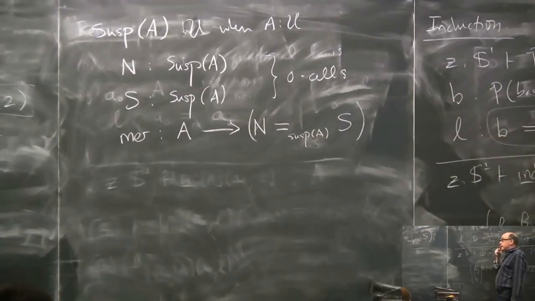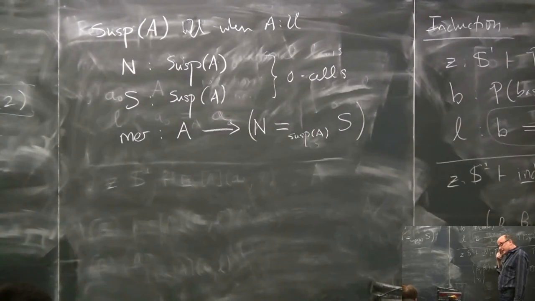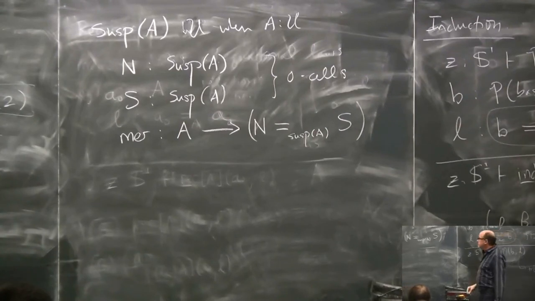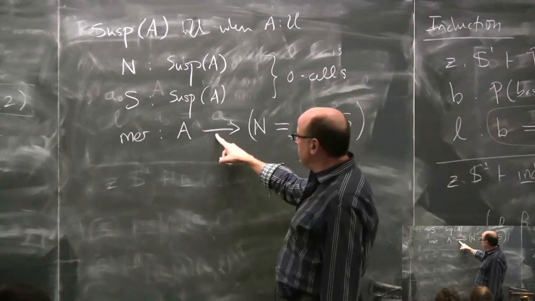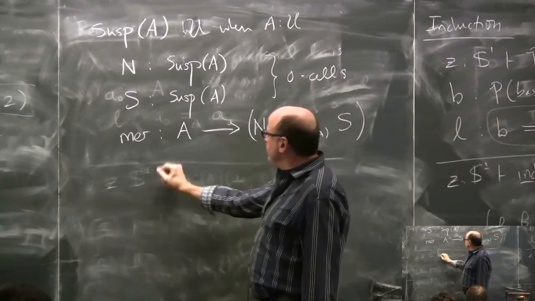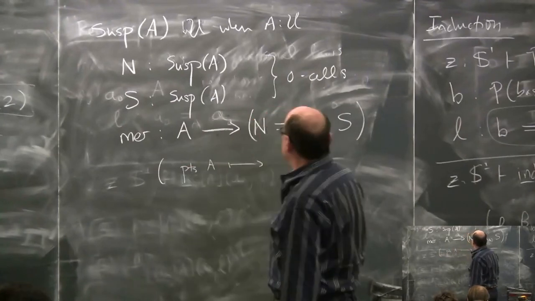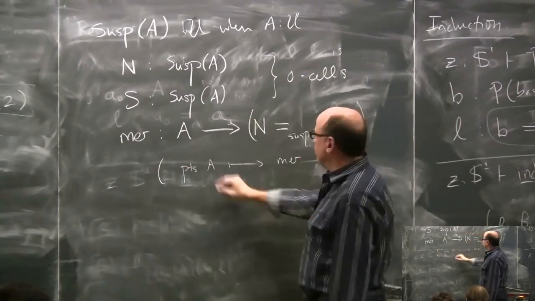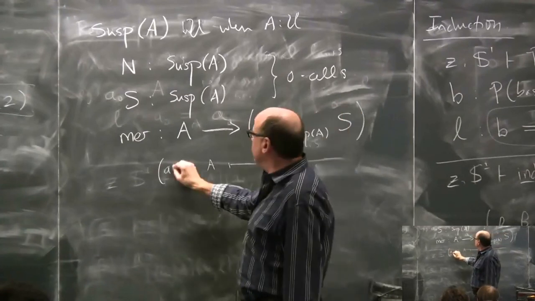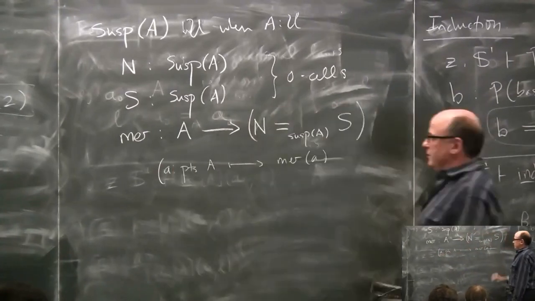So that is going to be my definition, but my pronunciation of it, you have to be very careful, because this is a function in HoTT, okay? So remember, this means two things. It sends points in A over to meridians. So if you give me some point in A, then it's going to send it to a meridian, okay?